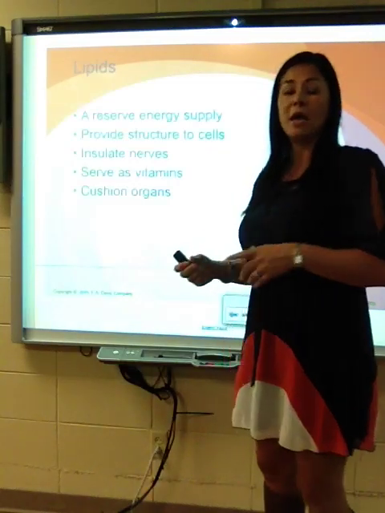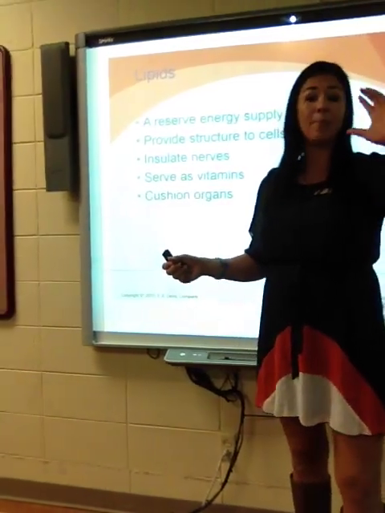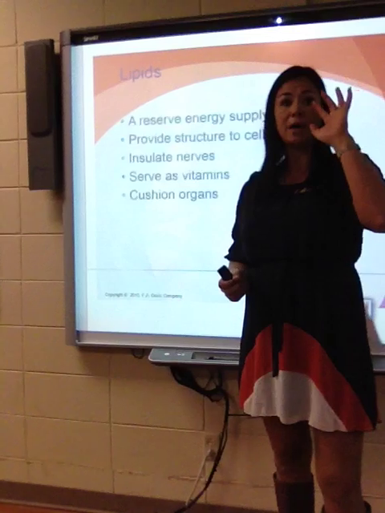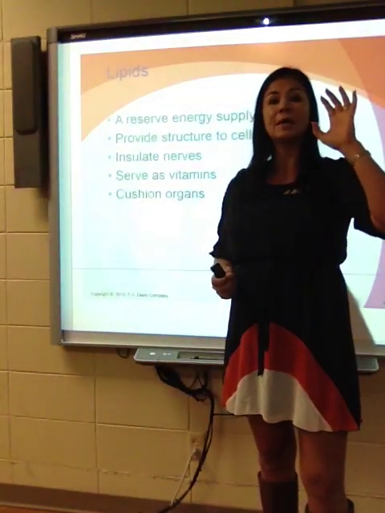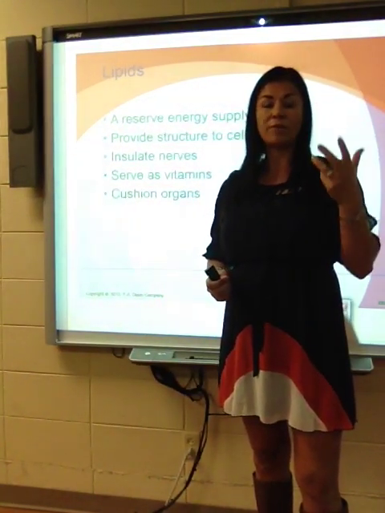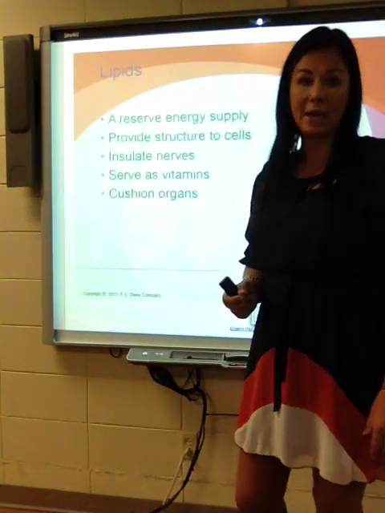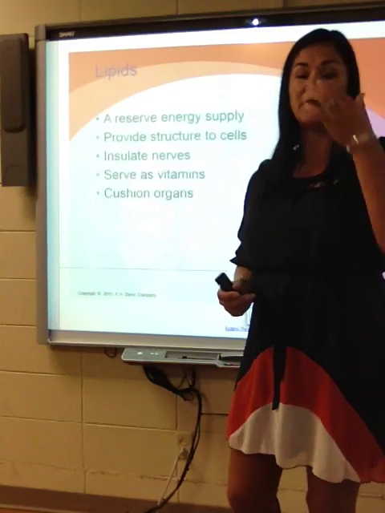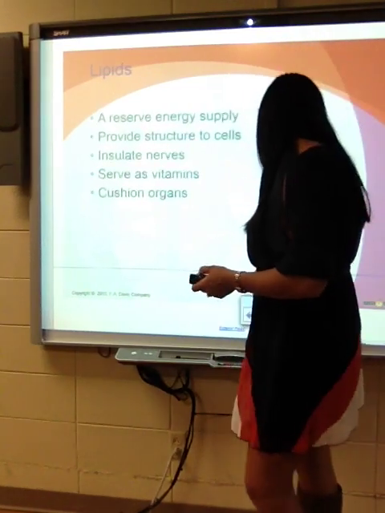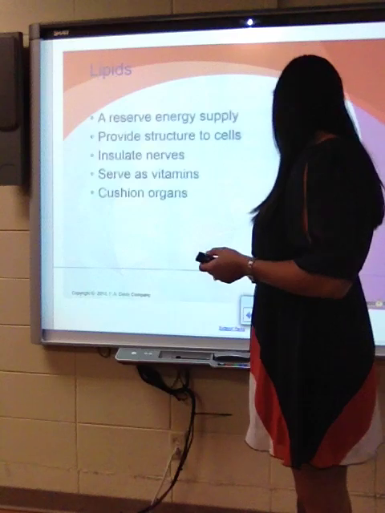They cushion organs. It even holds our eyes up where they need to be. Kind of pushes them up in place. When you've lost a lot of weight, or if you've seen someone that's starving to death, their eyes look sunken. So say a cancer patient that has lost a lot of weight, they'll lose it around their eyes even. That's adipose tissue or lipids, fat.